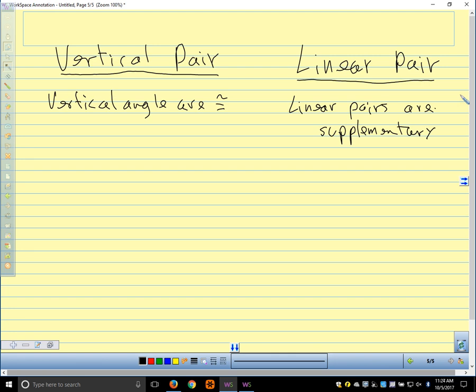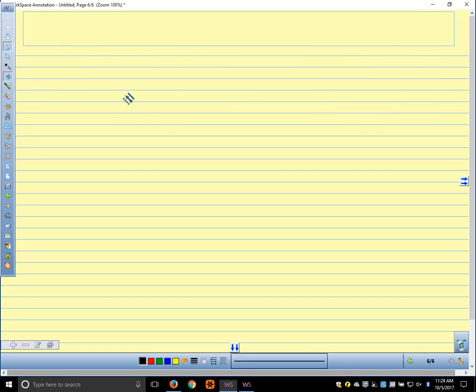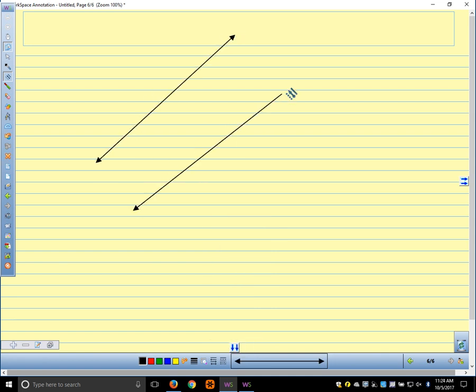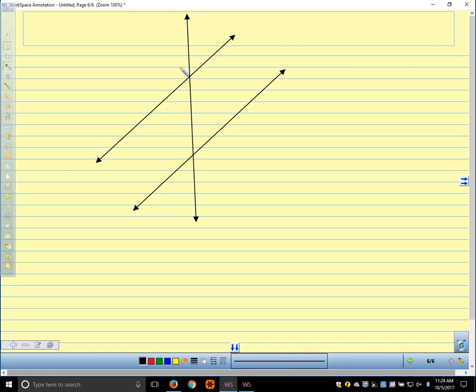Okay, I want to do a couple of examples, and these examples are the kinds of things that we're going to practice with our whiteboards. So the first one, I'm just going to draw a pair of parallel lines and label some angles, and I just want us to identify what kind of angles they are. They're numbered a little differently than our graphic organizer, and I'm going to put the arrows there so we know that those lines are parallel.